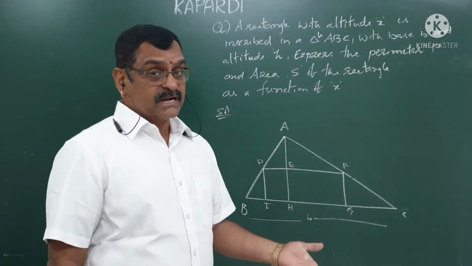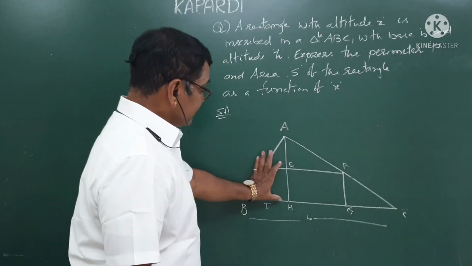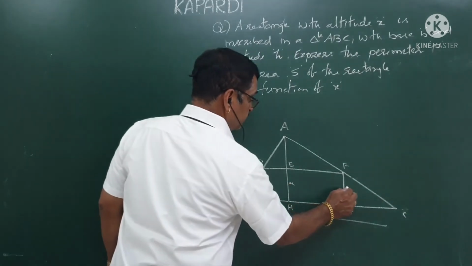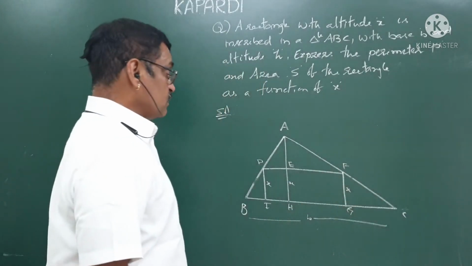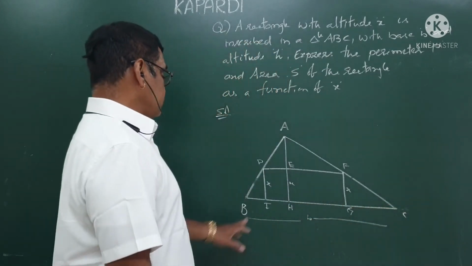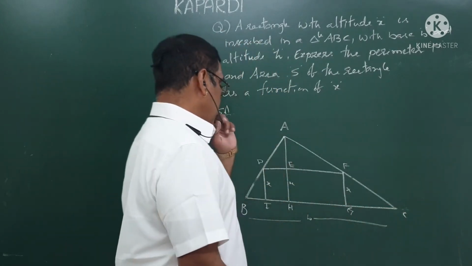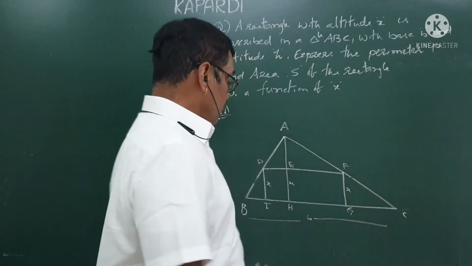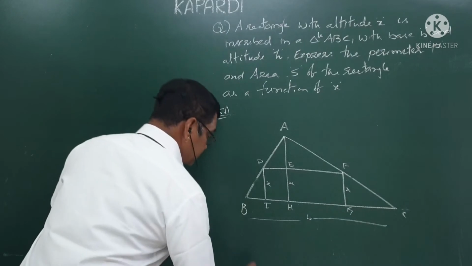I need length and breadth, right? But only length is given. This is x. This is x. Only breadth is given, x. The only thing is I need to find the length. That means either IG or DF. So I'll try to find out the length. Only breadth is given.